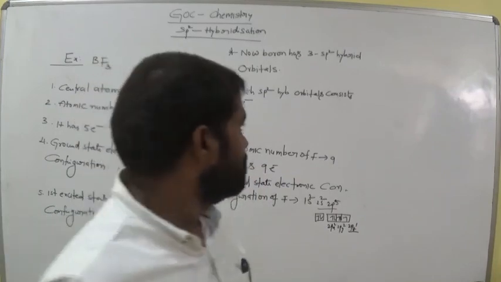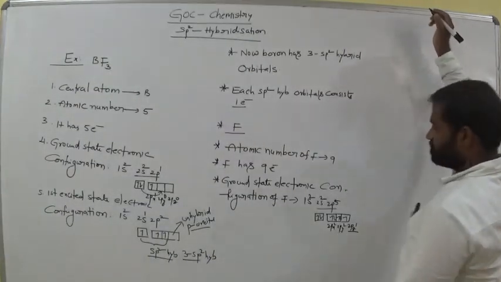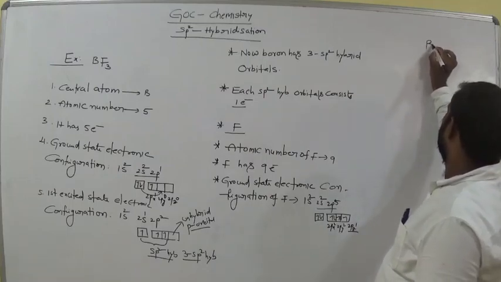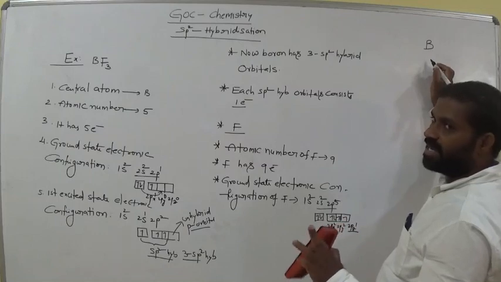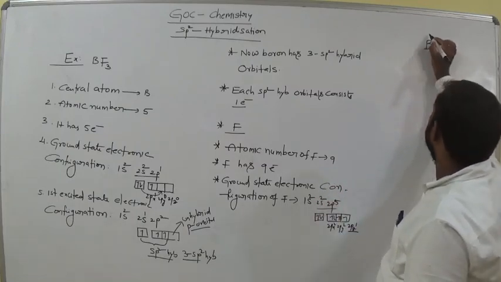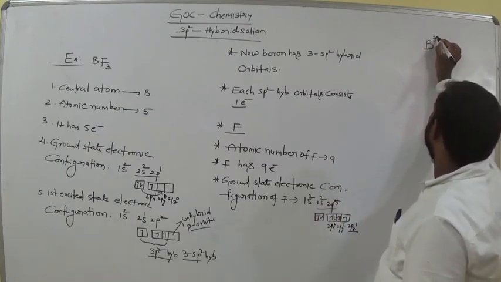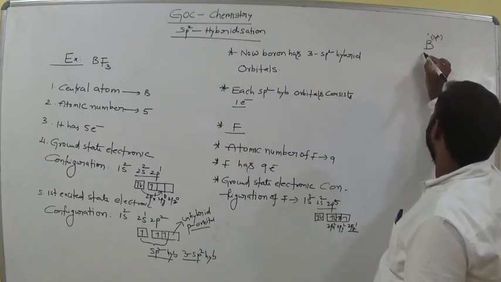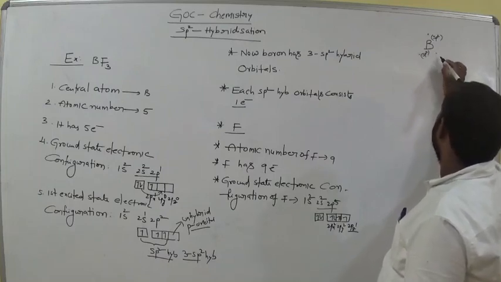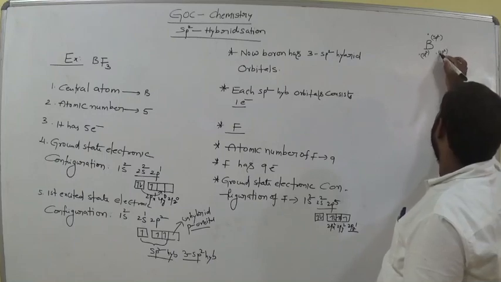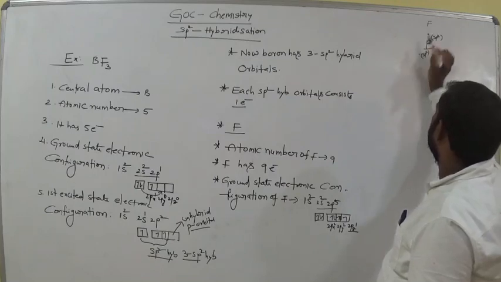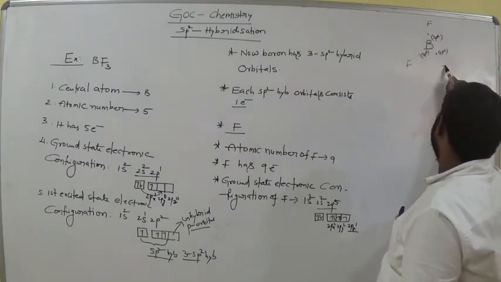Is it clear? Now this is the boron, and boron has 3 sp2 orbitals, each with 1 electron. These interact with fluorine, one with each fluorine.